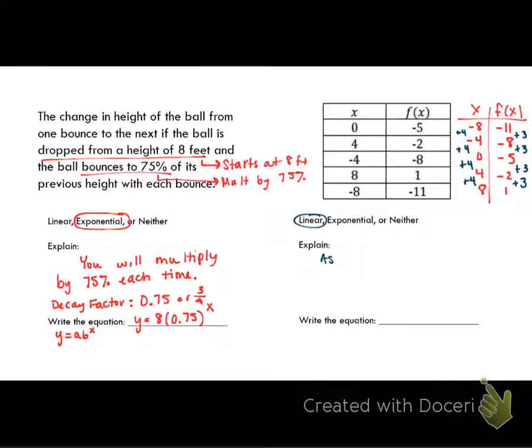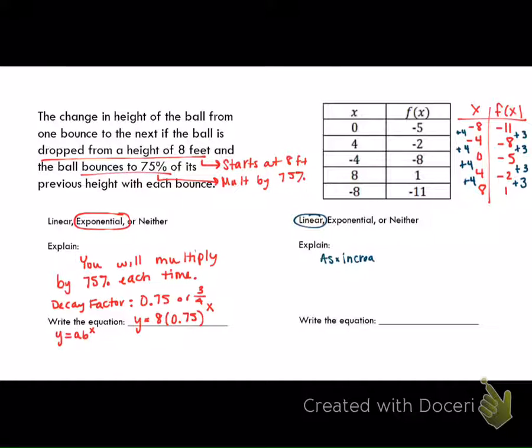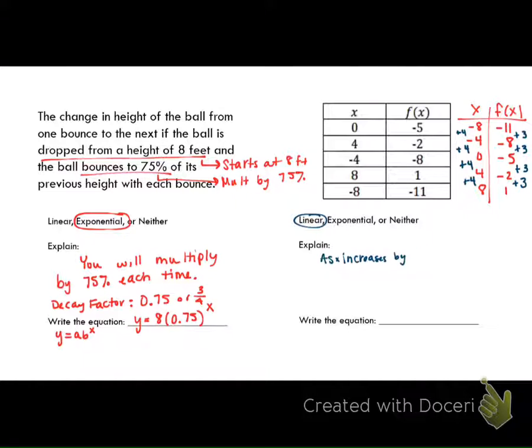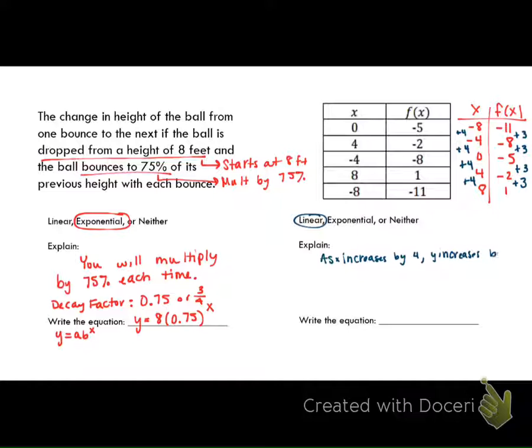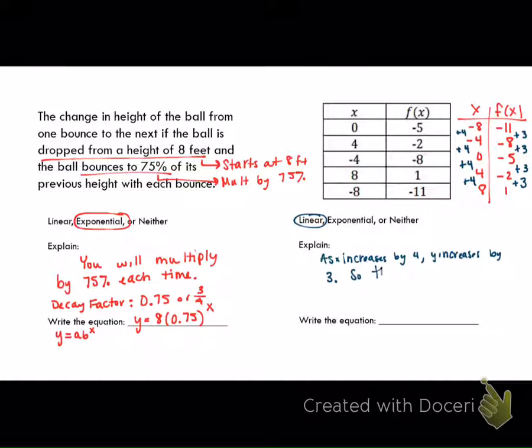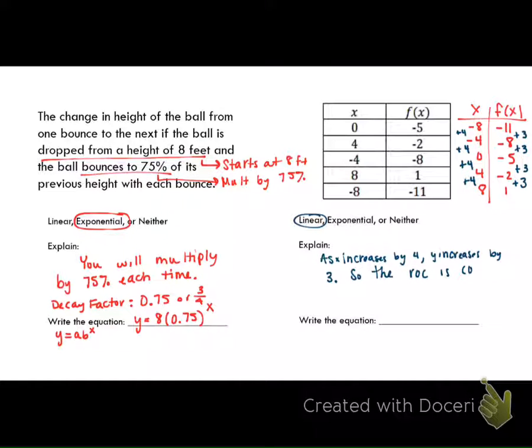As x increases by 4, y increases by 3. So the rate of change is constant at 3/4.